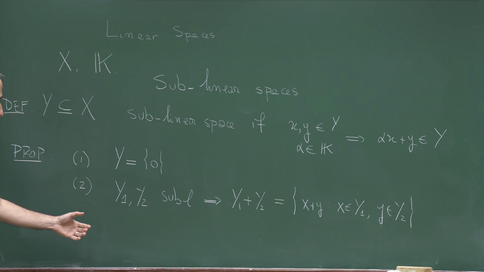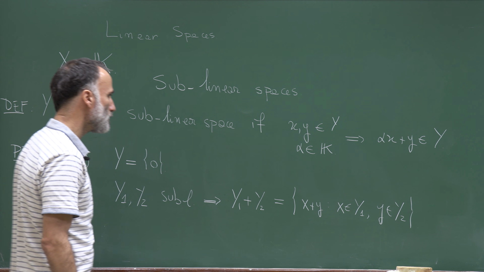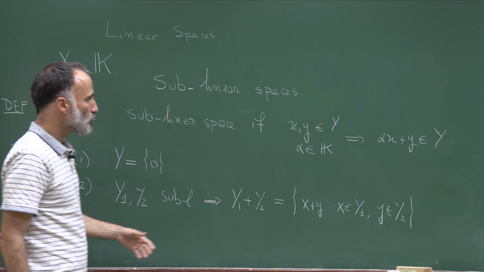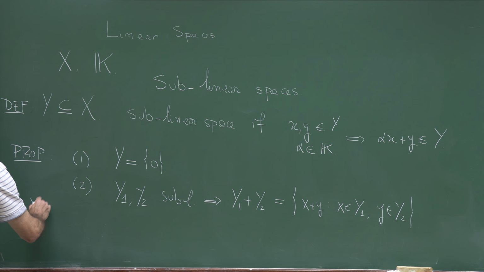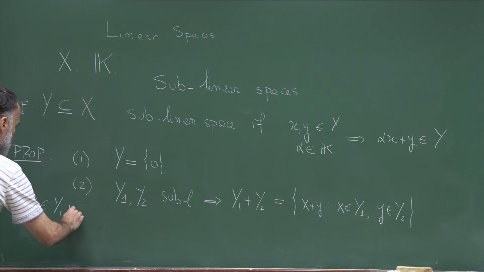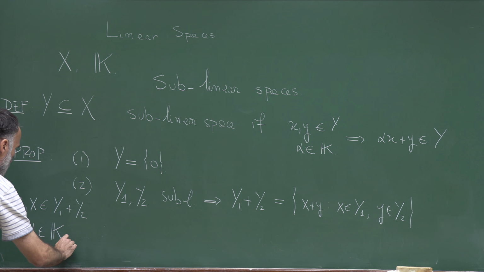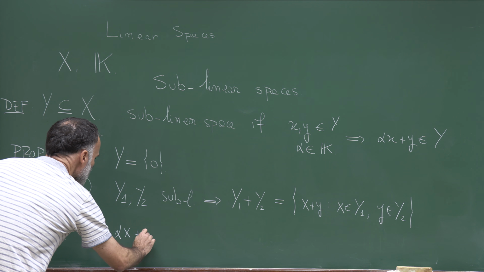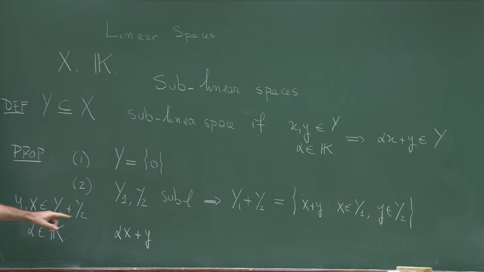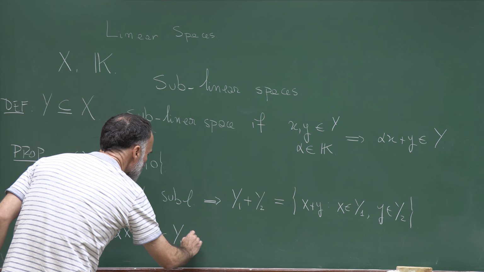And now what I'm claiming is that if Y1 and Y2 are sublinear spaces, then the sum is also a sublinear space. To prove this claim, what I have to check is that this condition holds. So let me take x in Y1 plus Y2, y also in Y1 plus Y2, and a scalar alpha. What I have to prove is that alpha x plus y belongs to Y1 plus Y2.